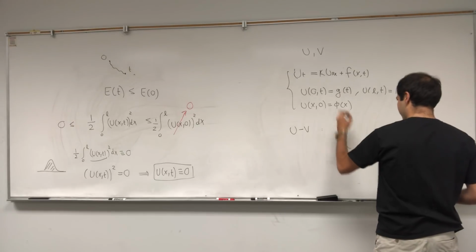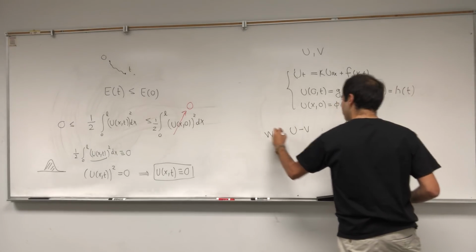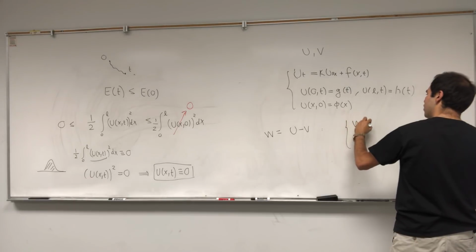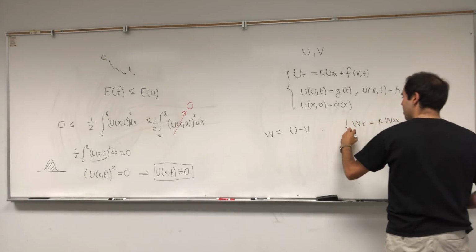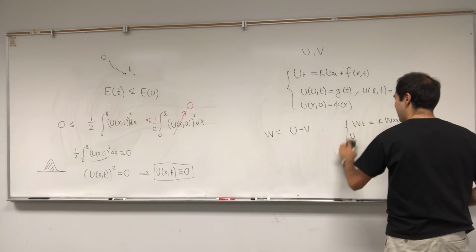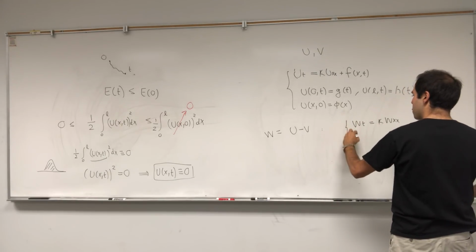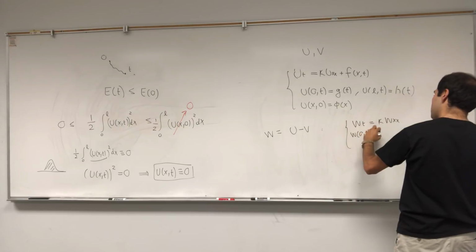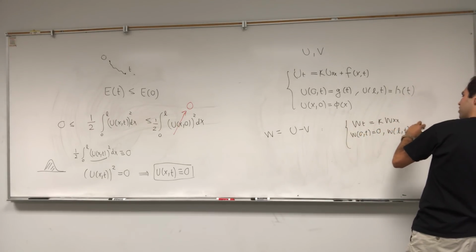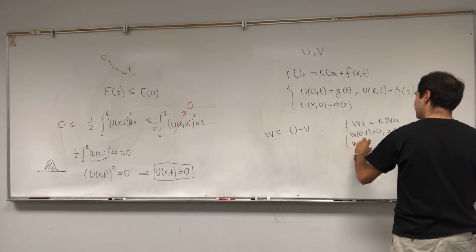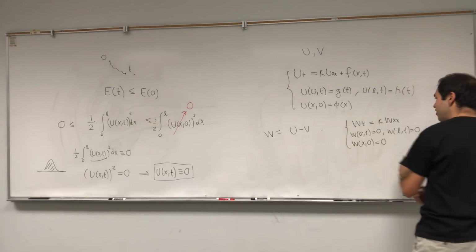u minus v must solve, so if you let w be u minus v, it must solve w_t equals k w_xx, and then w at the endpoints is 0. w(0,t) is 0, and w(x,0) equals 0.